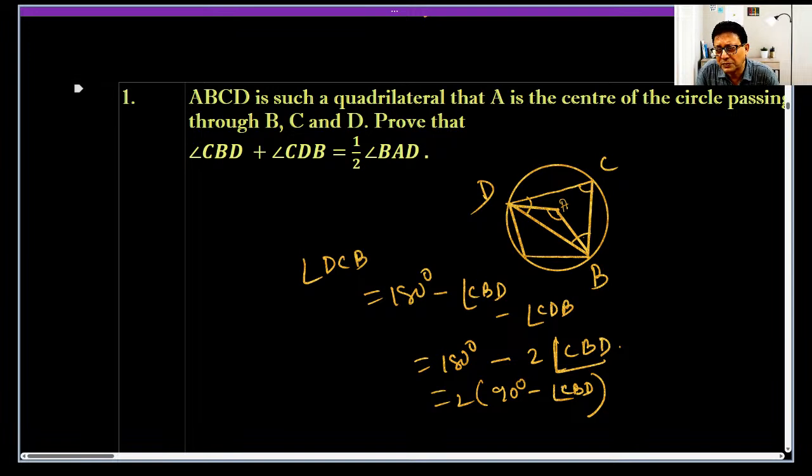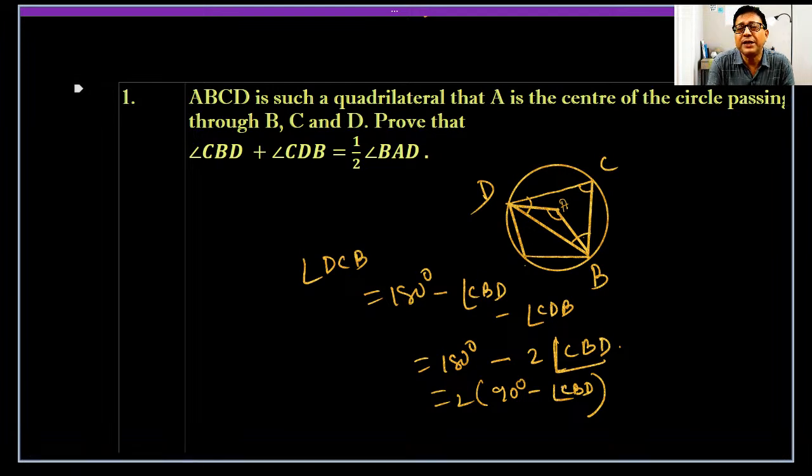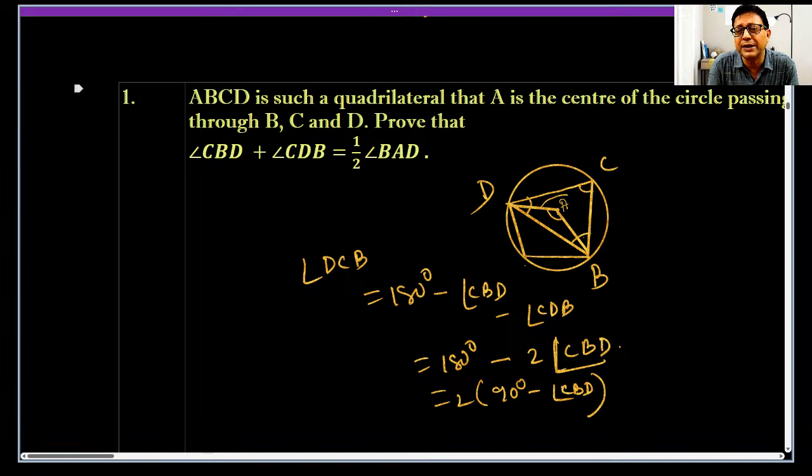Clear? Now, the sum of these two angles is 180 degrees, the sum of these two angles is also 180 degrees. Isn't it? So this BAD surrounding this CBD, this angle also will be twice this angle. This is clear?